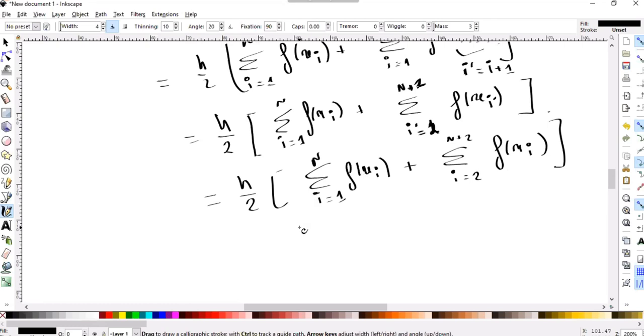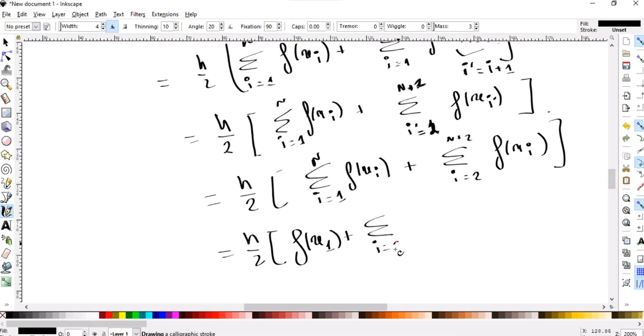So what I will do is that I will put out of the sum the f of x1. So it's f of x1 plus the sum of i equals 2 till n plus 1, not n plus 2. So the sum is equal 2 till n f of xi.